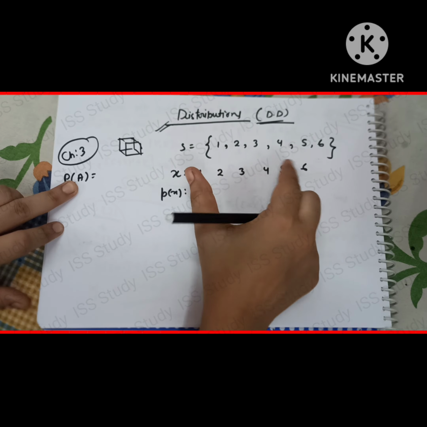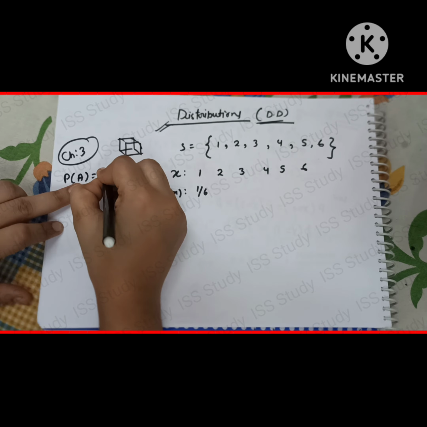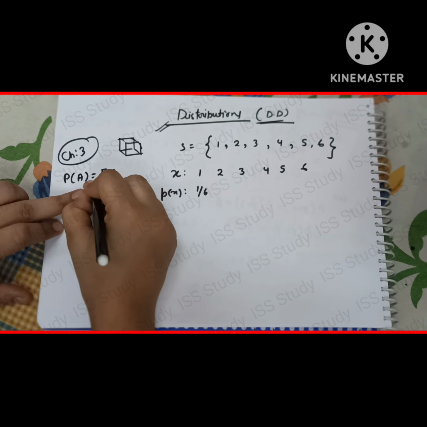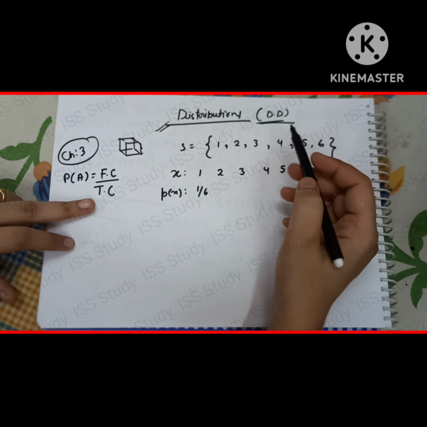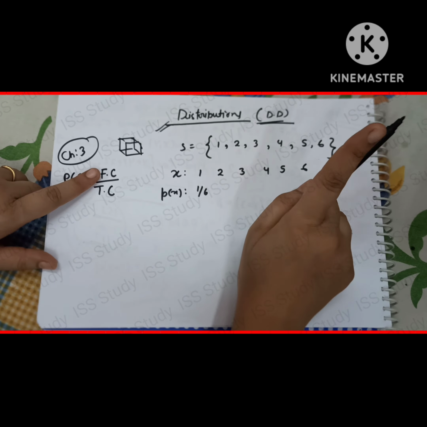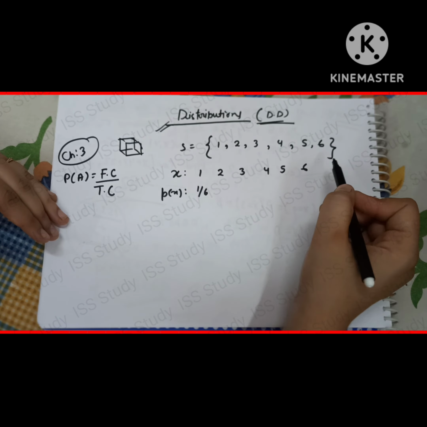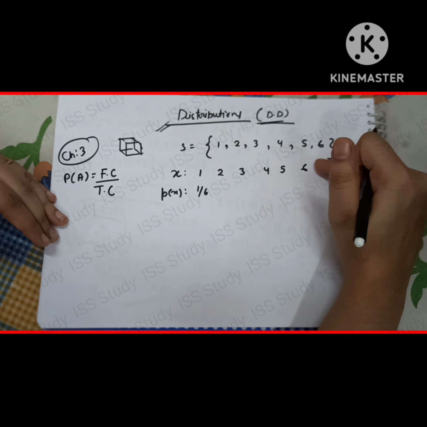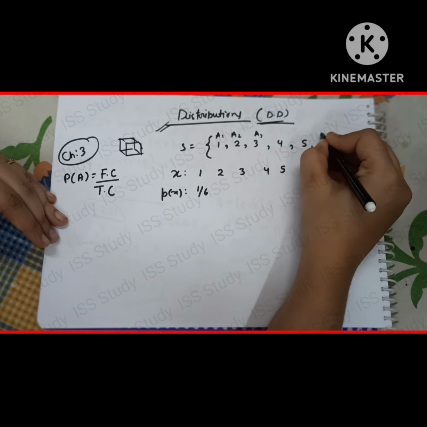Since 2 occurs in the sample space only one time, the formula you have to use is favorable cases upon total number of cases. So the favorable case is only 1, not 2. We are counting the events. Consider these are only events. You can also say this is your A1, this is your A2, this is your A3 up to A6.